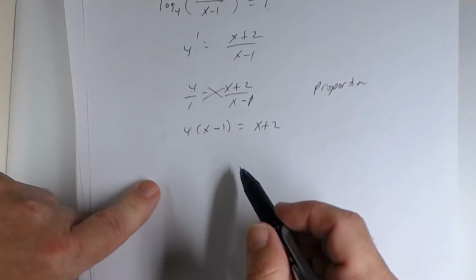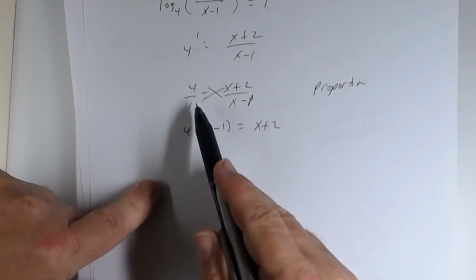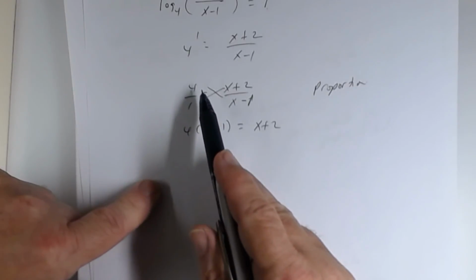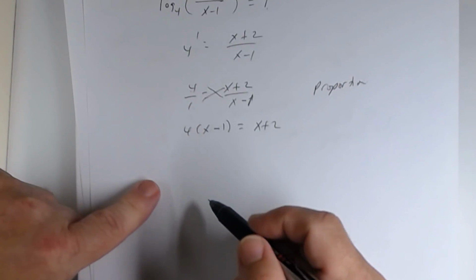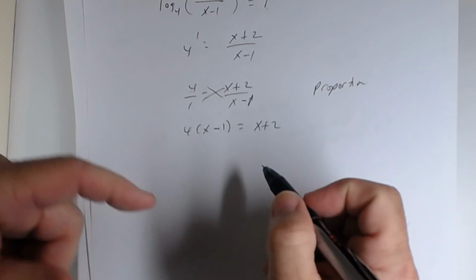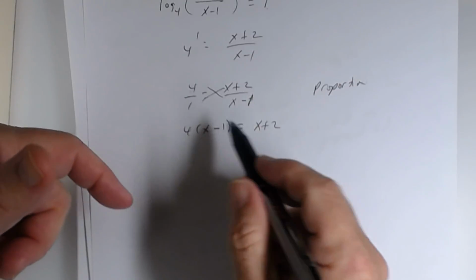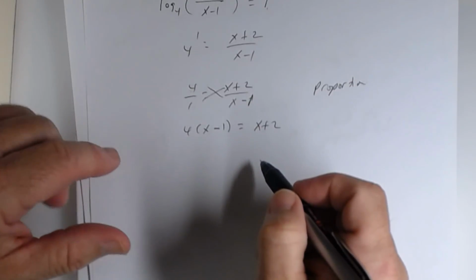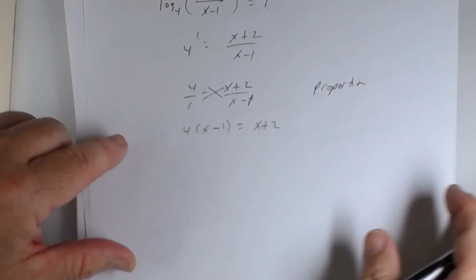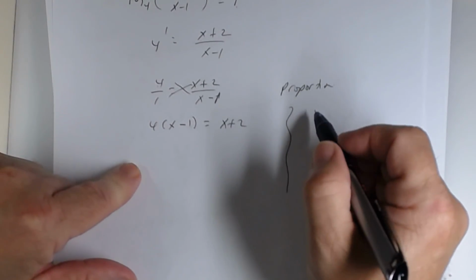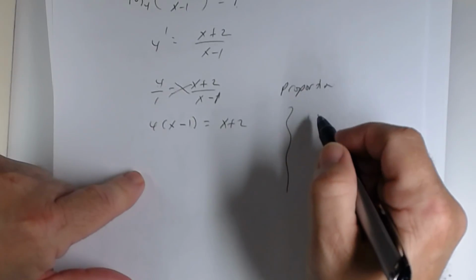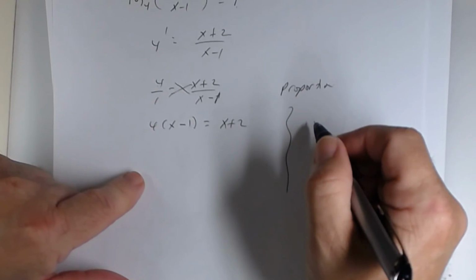Can you just explain why we're using proportion here? Well, it's a proportion, and remember, one of the things you learned was that a proportion can cross multiply. So when you have a fraction equal to a fraction, it's a proportion, and you can cross multiply. Now, if you want to multiply both sides by the LCD, you can. I don't want to do that. Some of you are not going to remember that this is called a proportion.